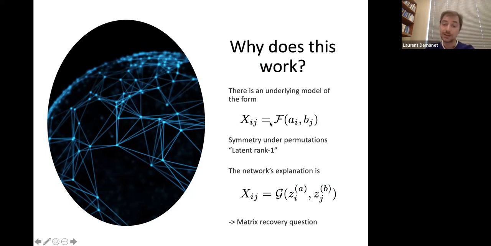We don't have access to the map F that creates that. Nature gives us the X. It doesn't give us the explanation F. Or maybe some people think they do when they have partial differential equations, but we're not going to worry about that. What we'd like to be able to do is build a neural network that replicates this structure of having the explanation variables A and B that enter in this form here. We're not going to be able to get them exactly.